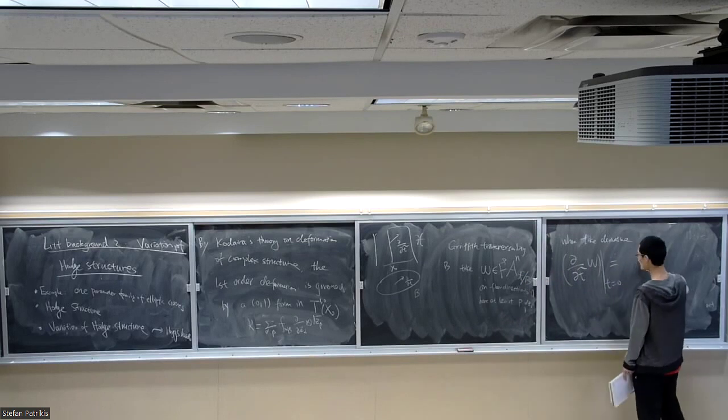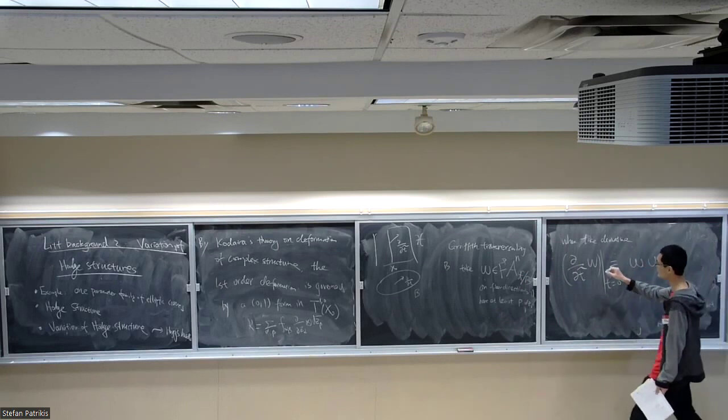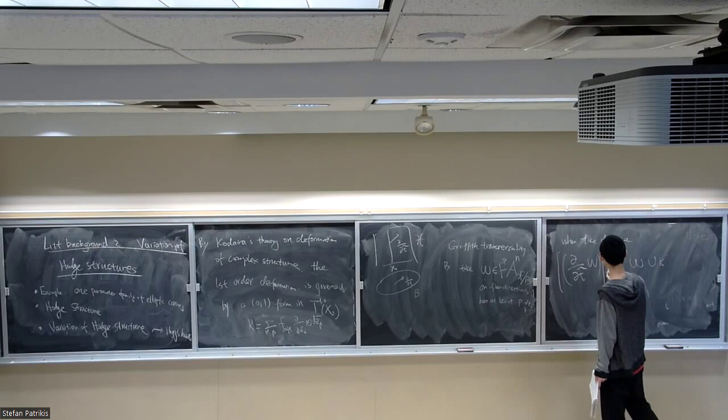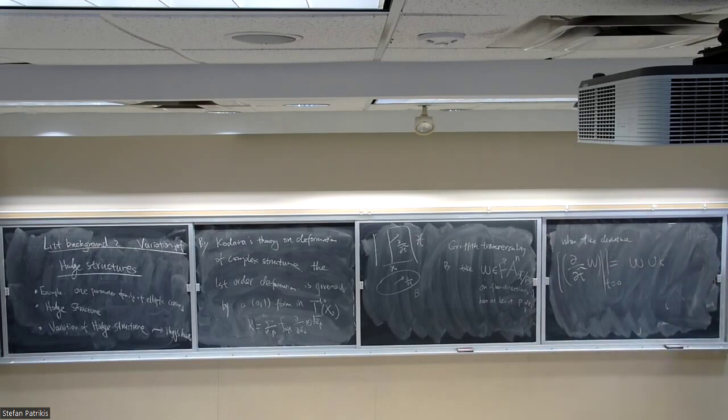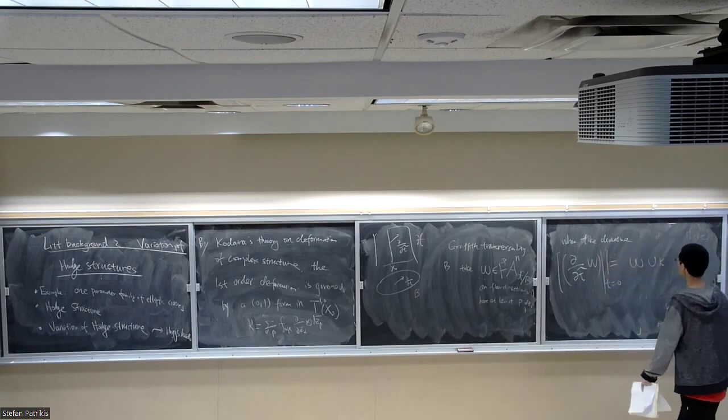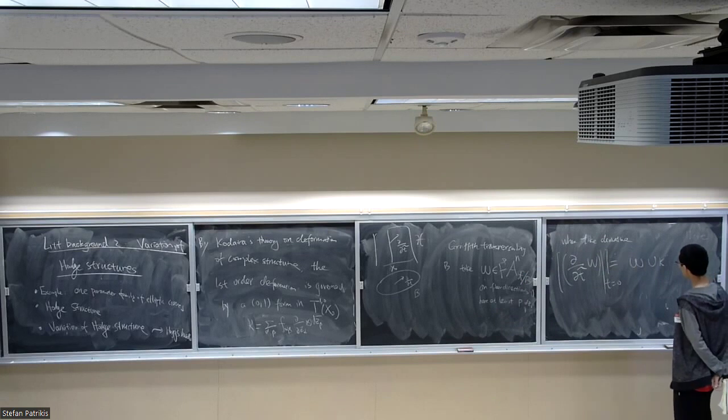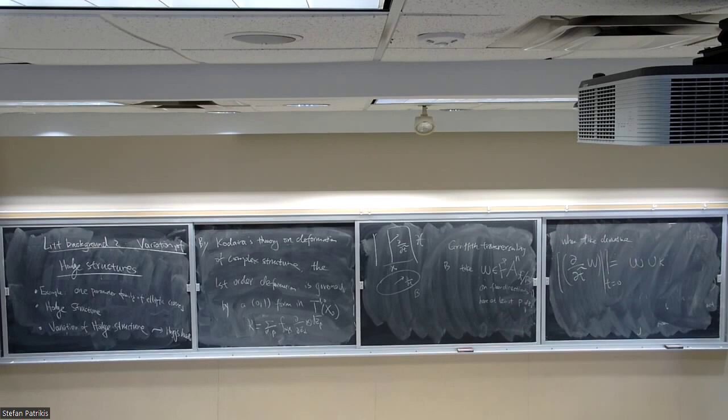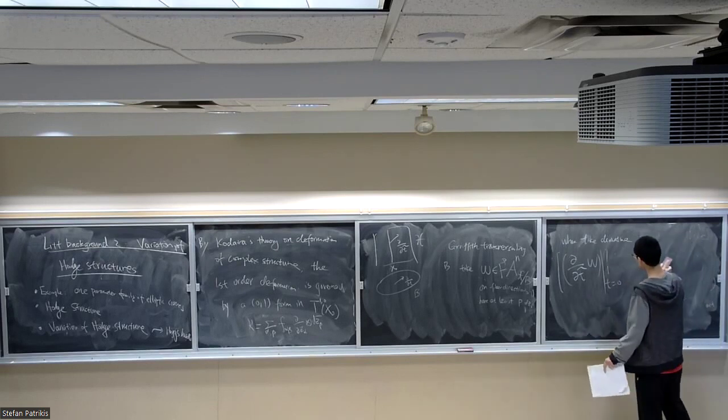I'll just write it this way. You have to take the class, and this is kind of like modding out by some stuff. So this is equal to the cup product after you take the quotient. So let me write this.